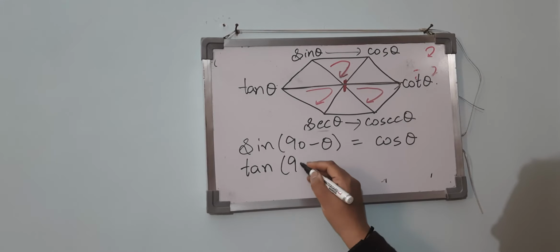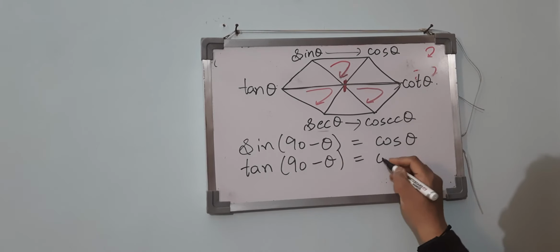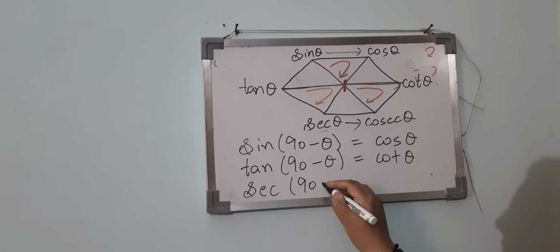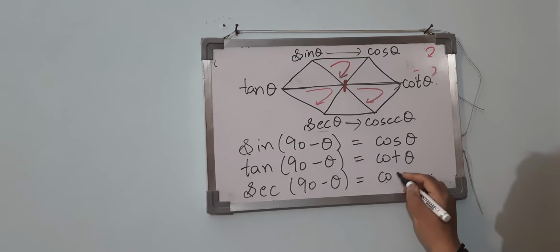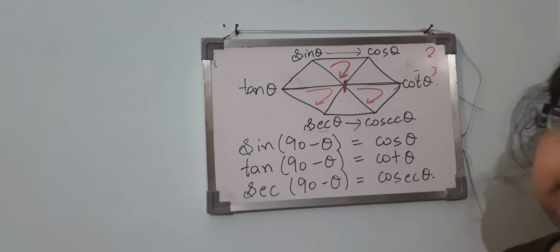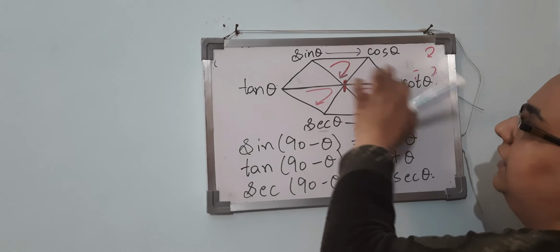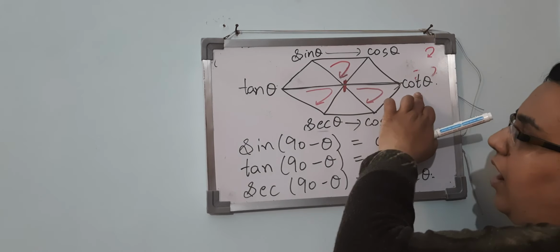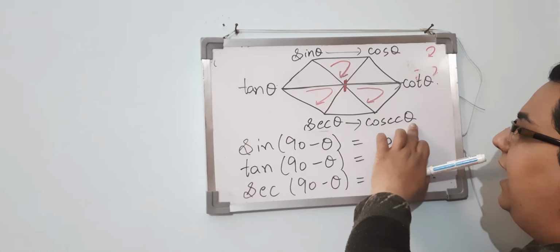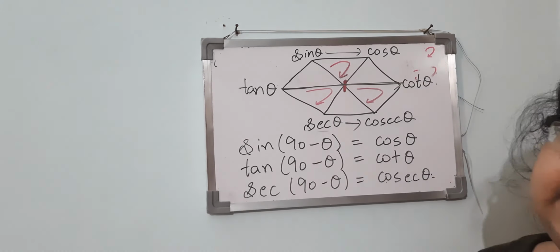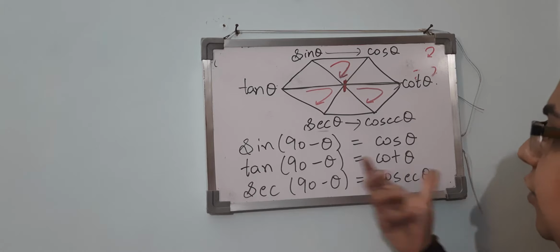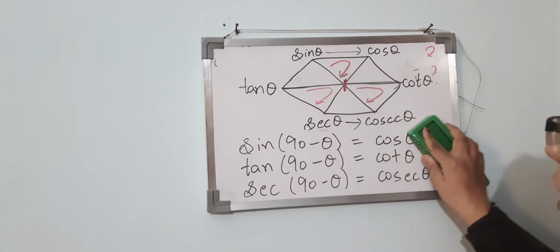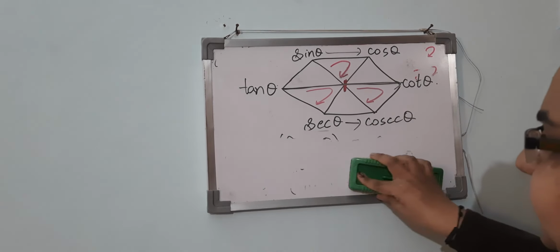Tan 90 minus theta is cot theta, and sec 90 minus theta is cosec theta. And similarly the inverse, like cos 90 minus theta is sin theta, cot 90 minus theta is tan theta, and cosec 90 minus theta is sec theta. So this is also an important formula of trigonometry.